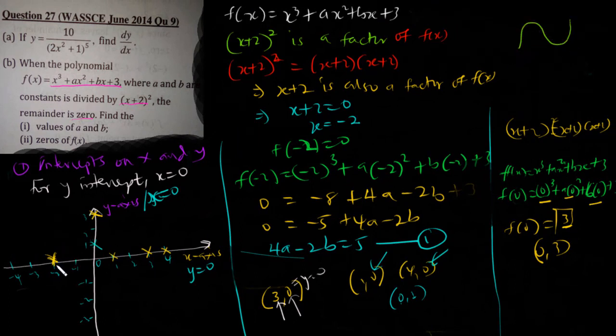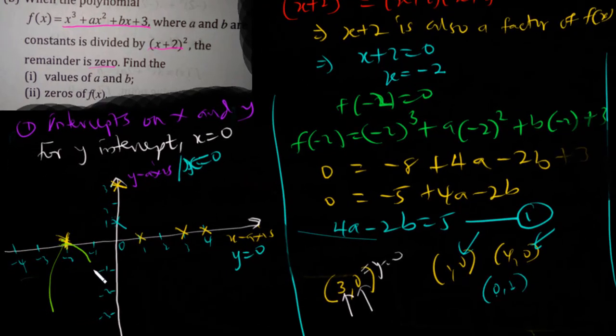And because it is repeating here, one of the turning points is going to happen here, and of course that will be the maximum because the maximum happens on the left. So it's going to be something like this. See, that is what it's going to be, and it will probably turn down here, and because there is the y-intercept, the curve will also be passing there. So that is how the shape of the curve is going to be.